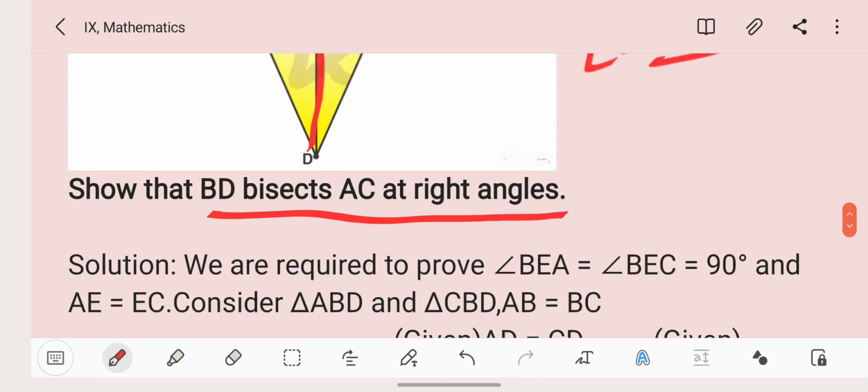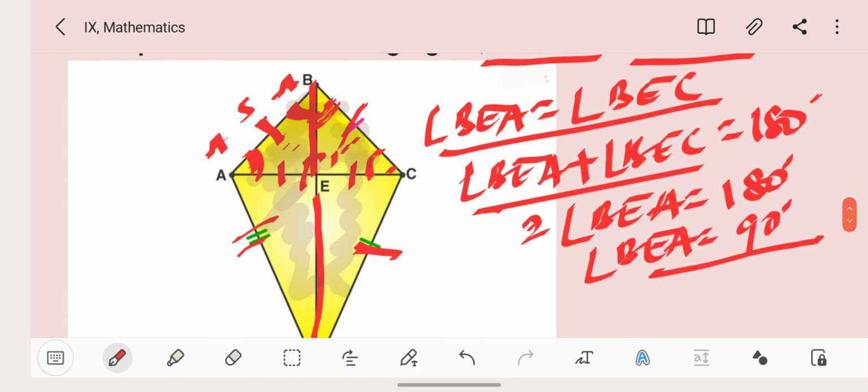So ABE and CBE, this angle equals this angle. This is the equal side, and this angle equals this angle. The sides are equal, so the opposite angles will also be equal.